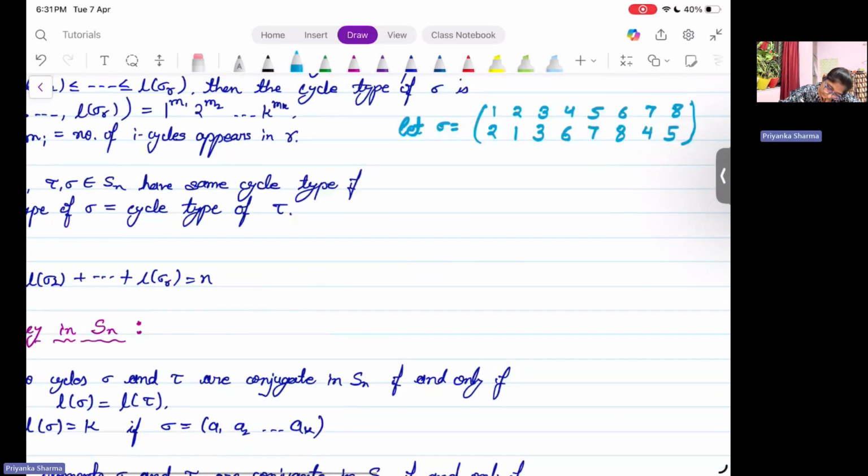So the cycle decomposition for sigma will be, we'll start from 1, and 1 goes to 2, 2 goes to 1 again. So this will be the first cycle. Next, 3. Then 4 goes to 6, 6 goes to 8, 8 goes to 5, 5 goes to 7, and 7 goes to 4.